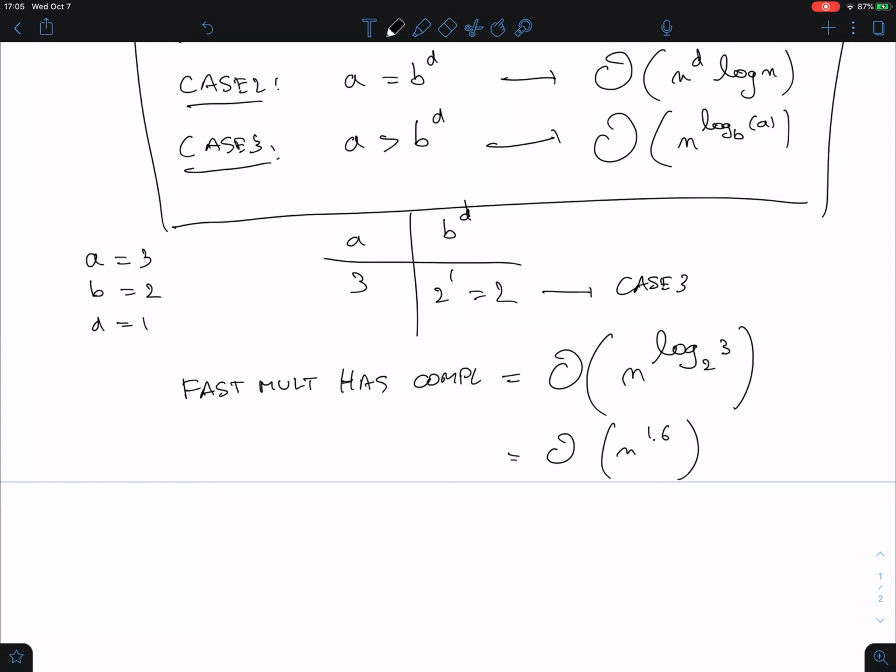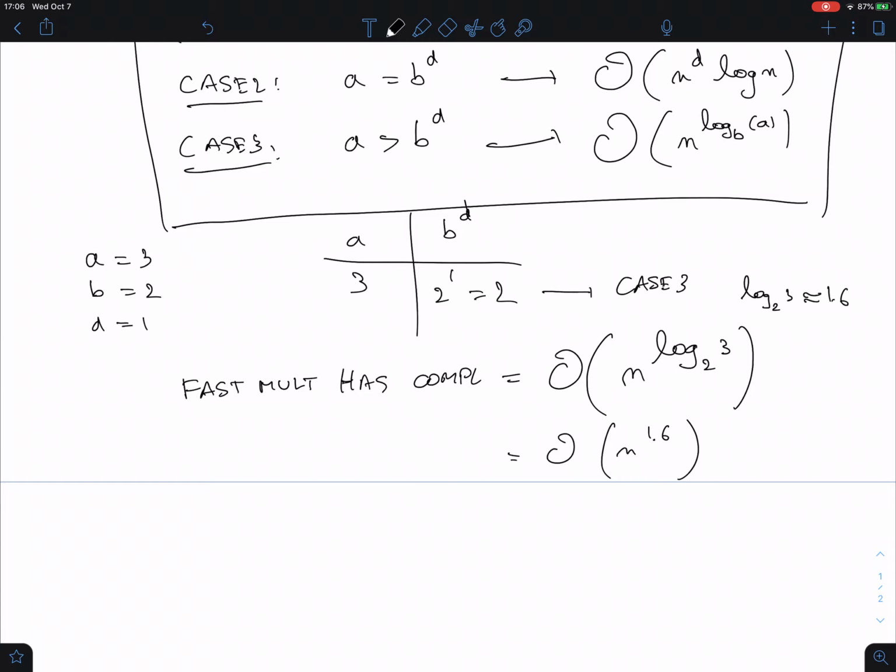It can be a fraction, or even more. This is a real number. Log 2 of 3 is not equal to 1.6. It's almost equal to 1.6, so it's an estimate again. And in cases when we talk about big O, we should take the upper estimate. I'm not 100% sure whether it is the upper estimate, but that doesn't matter.